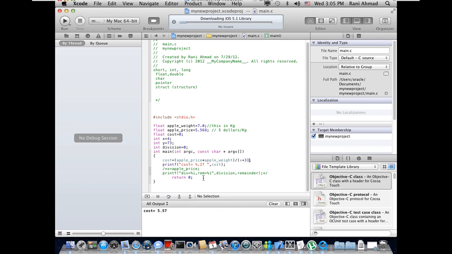Now it's preferred that you always keep the results of your arithmetic in a separate variable and then put them in the printf. So you can separate printf from the arithmetic. Don't put the arithmetic itself in it. It works, but don't put it like this. I will copy it and paste it here instead.